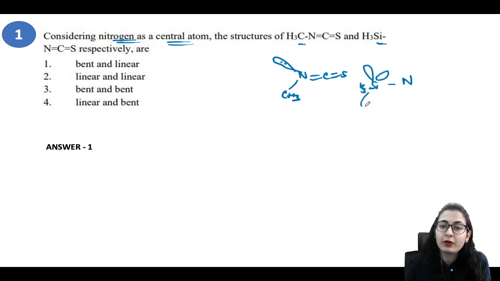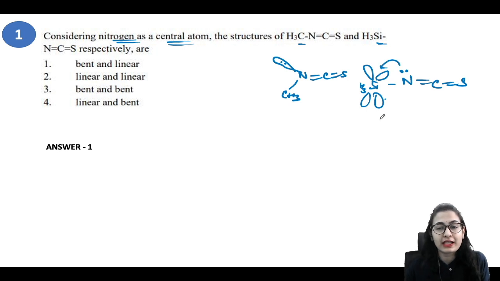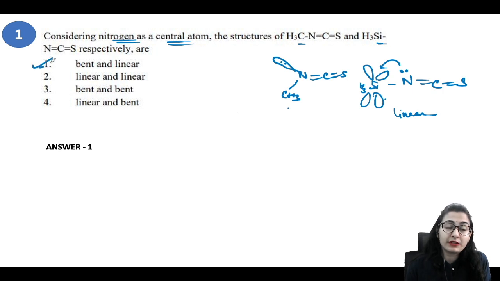And that's why the lone pair which still exists on the nitrogen could be involved in resonance because of the vacant d orbital of silicon, and that's why it has to be linear. And since there is no occupancy for this lone pair in the methyl case, it's going to be bent. So the correct answer is the first one, bent and linear.